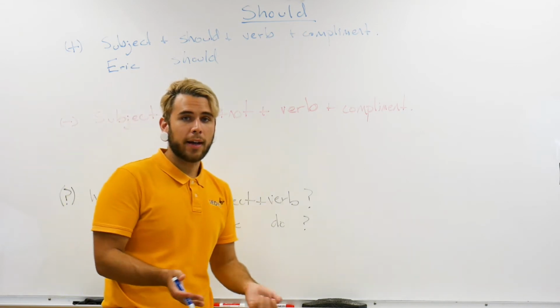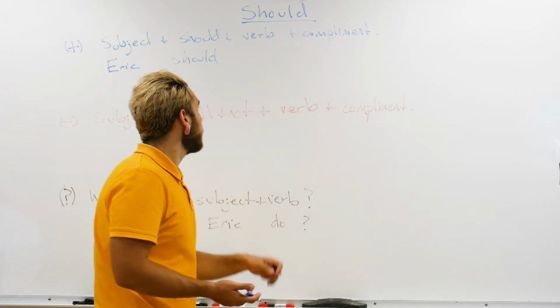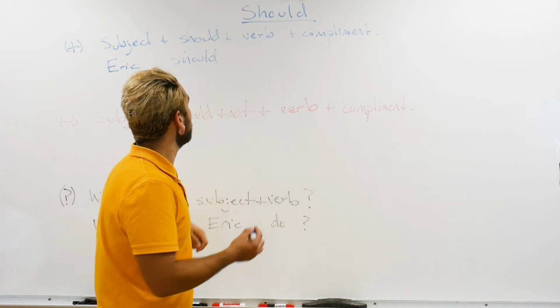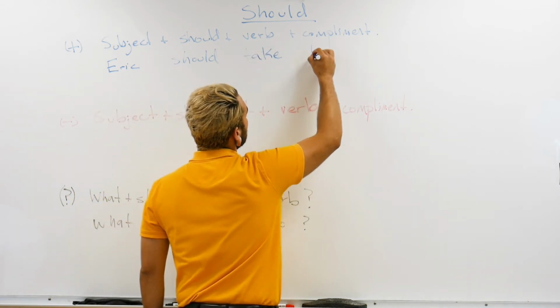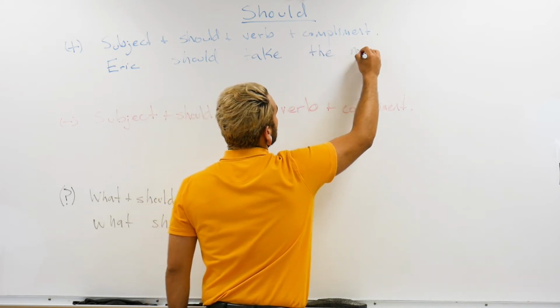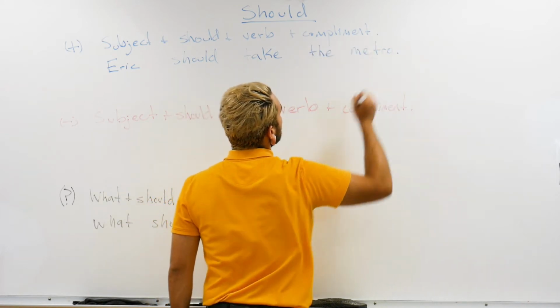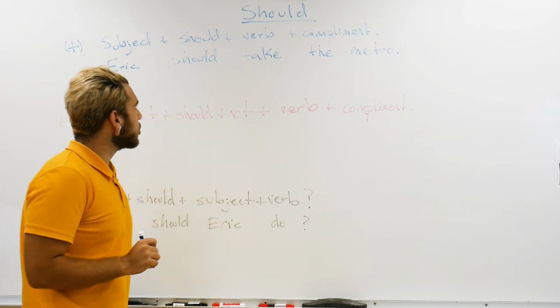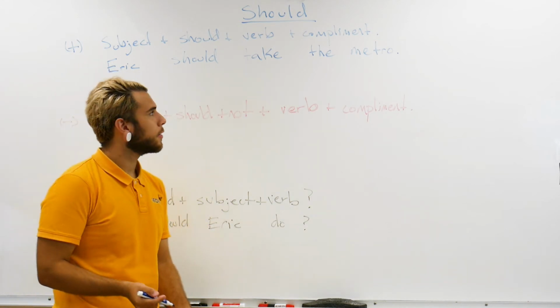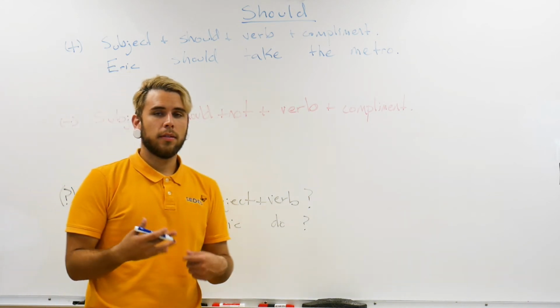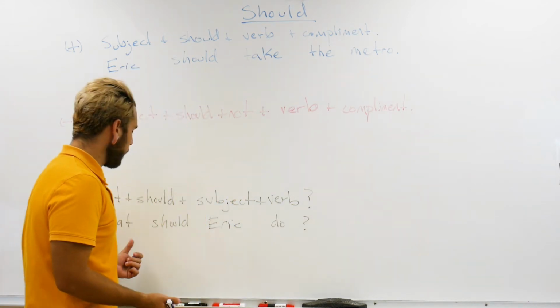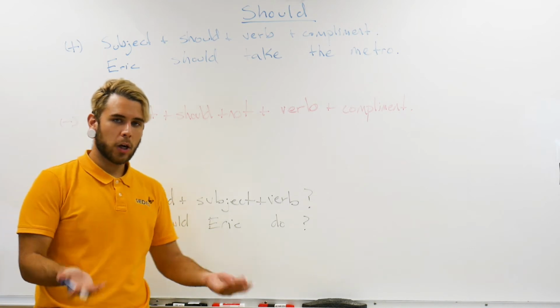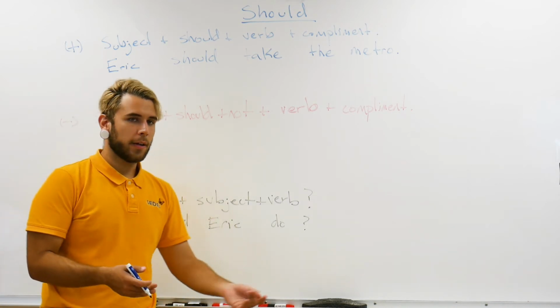Remember, I have to go to work and my car broke down. So let's say Eric should take, and the complement will be the metro or bus. Eric should take the metro bus. That's a possible solution and a suggestion to solve my problem of what should Eric do, because my car broke down and I have to go to work.